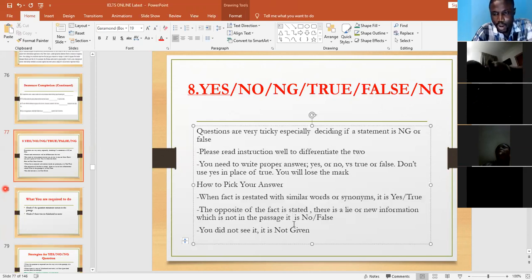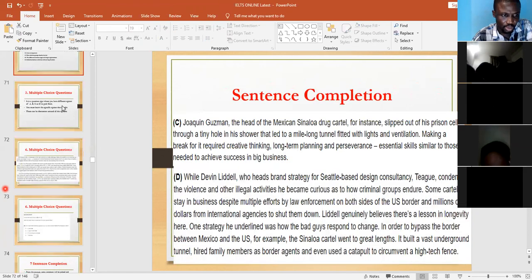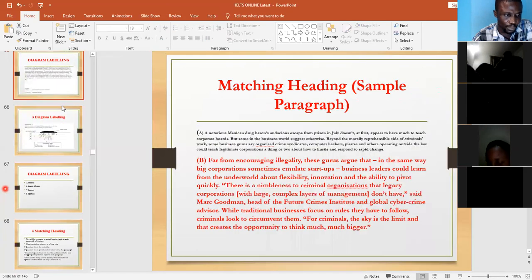When you did not see the information at all, it is not given. So I want to quickly go through a sample question for us to understand. Let me race through the slides now to go to a sample question.